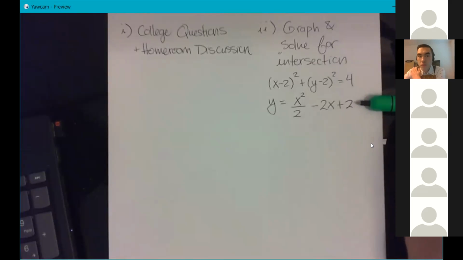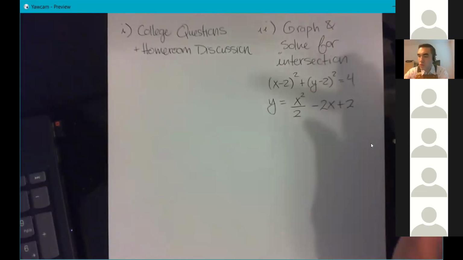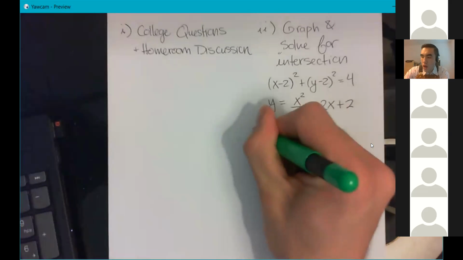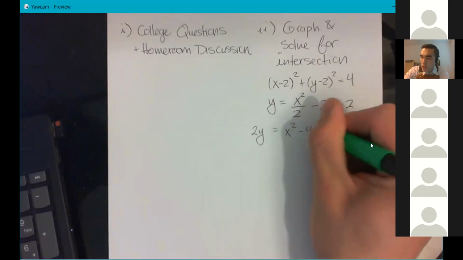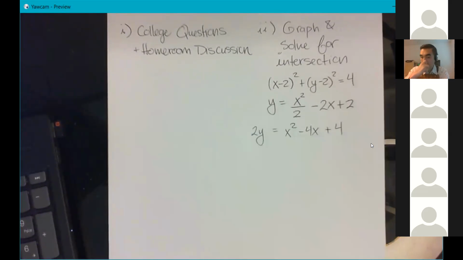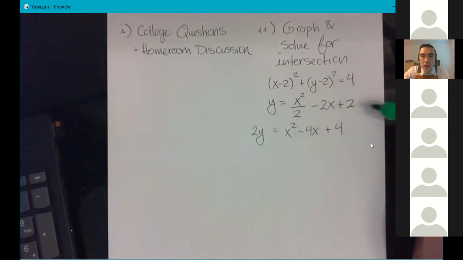And I'm going to start by multiplying both sides of this equation by 2. This is going to give me 2y is equal to x squared minus 4x plus 4. And this is a non-obvious step, but here's what I noticed. This could factor if it was doubled. You'll notice now that I've doubled both sides of this equation, this right here is a perfect square trinomial.